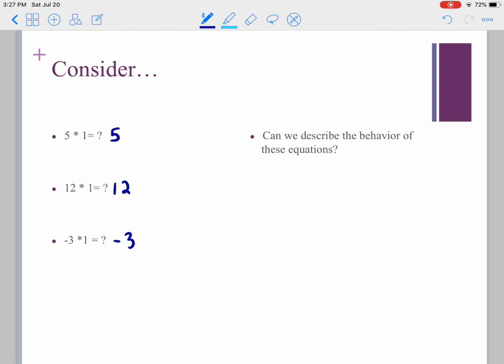What is a general statement that you can make about all 3 of these equations? Well, notice each of these equations has a 1 being multiplied by a number. And what is happening is that when you multiply by 1, the value of the number does not change.